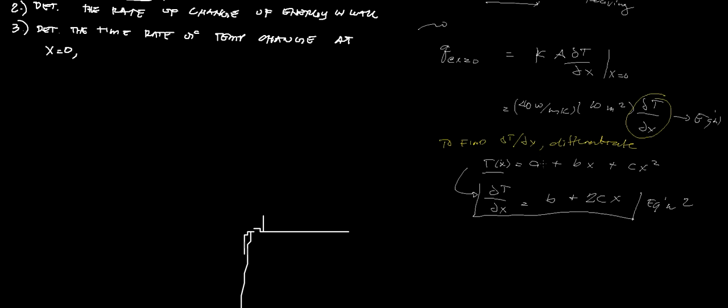Since we need to determine the Q when x is equal to 0, we can now solve for the value of dT over dx when x is equal to 0. So our derivative with respect to x is just the value of b, which is given as negative 300 degrees C per meter, right? Let's check.